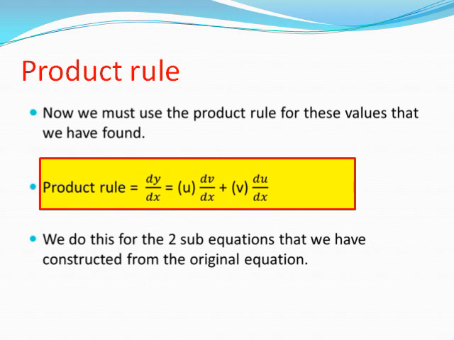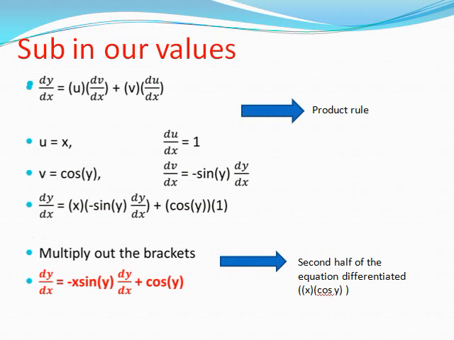Then we're using the product rule, which you can find in your maths log tables. The product rule states that dy/dx equals u times dv/dx plus v times du/dx, and we'll sub in our two results. As we said, if u is equal to x, du/dx equals 1. For v we have cos of y, so dv/dx is equal to minus sin y dy/dx.